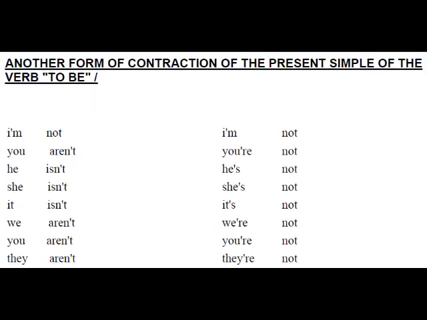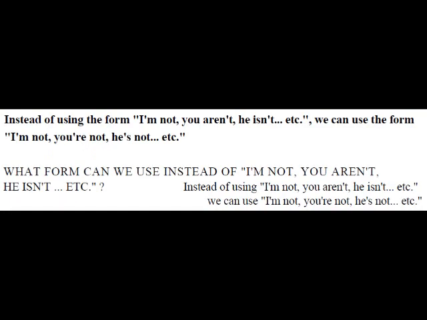Another form of contraction of the present simple of the verb to be. I'm not, you aren't, he isn't, she isn't, it isn't, we aren't, you aren't, they aren't. I'm not, you're not, he's not, she's not, it's not, we're not, you're not, they're not.